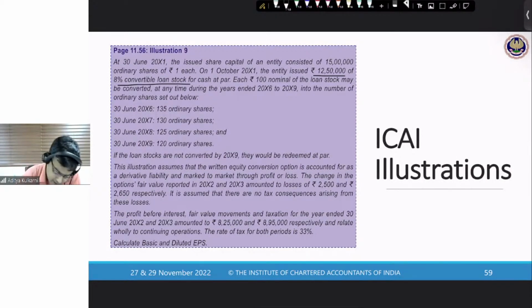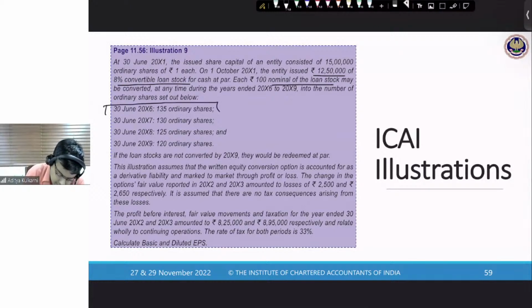Each 100 rupees nominal value of the loan stock may be converted at any time during the years ended 20x6 to 20x9 into the number of ordinary shares as set out below. So for each loan stock of 100 rupees, you can get 135, 130, 125, 120.